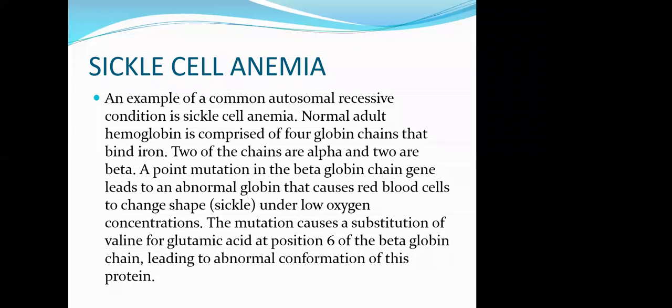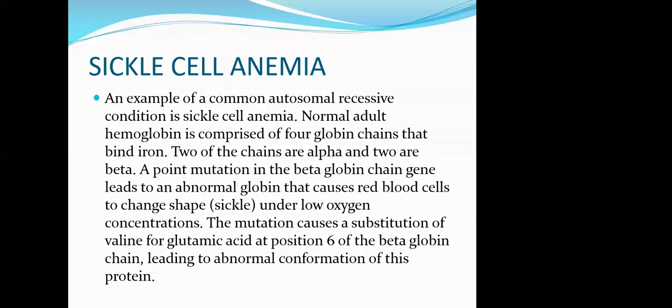And what is this point mutation? The point mutation causes a substitution of valine, which is an amino acid, for glutamic acid at position 6 of the beta globin chain. So if you go down to the globin chain and look at where it is, there is a change of this amino acid, which is glutamic acid. One base has been changed in such a way that valine is put in place.